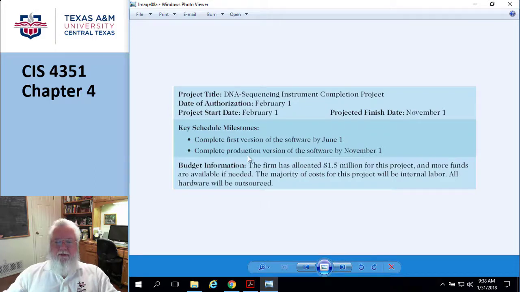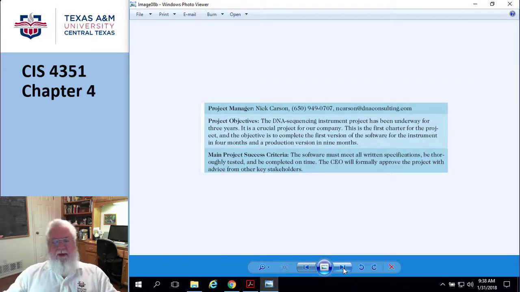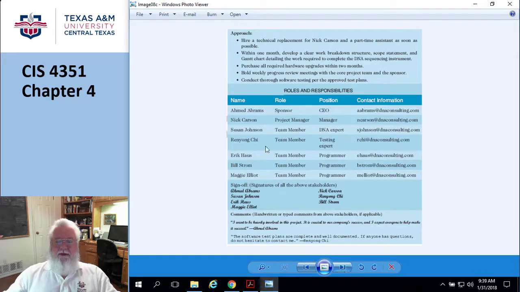So here's the first chunk of it. Here's the project, and they go through the milestones and the budget and who's the manager and what the objectives are and success criteria. I like that. Here are all the approaches and the roles and all the rest of those kinds of things.